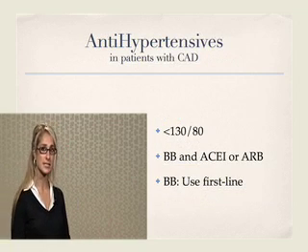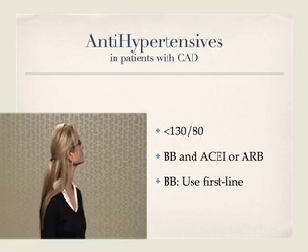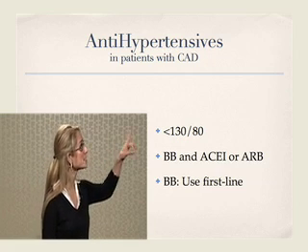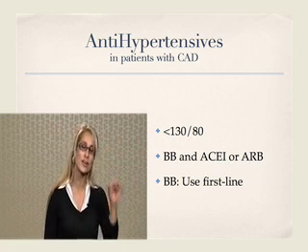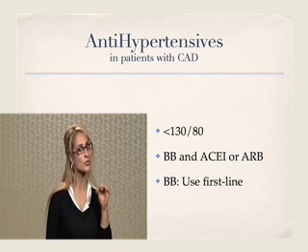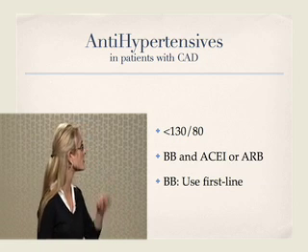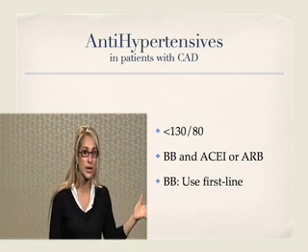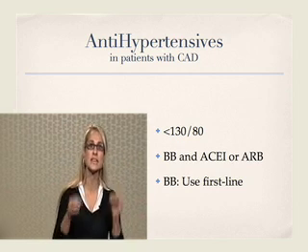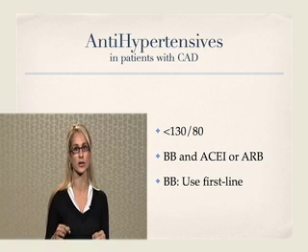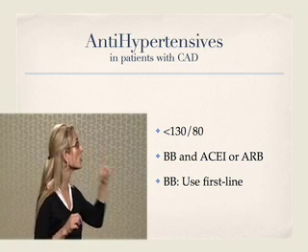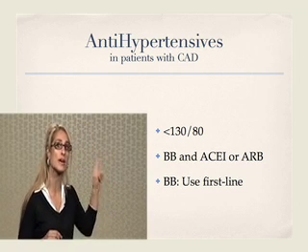Slide 17. Antihypertensives in patients with coronary artery disease. Now that's really important. With coronary artery disease, am I going to use a beta blocker? Absolutely. In this case, I'm using a beta blocker. My goal is to be less than 130/80.